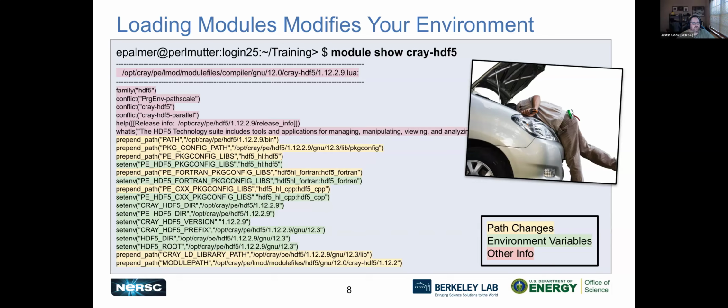It's going to prepend or set some environment variables, and a lot of these are in your environment that the Cray programming environment uses by default that you don't need to worry about. The ones that you care about probably here are PATH, so that you get access to the binaries, PKG_CONFIG_PATH, so that if you're using pkg-config to build your code, it'll pull in those libraries, and then LD_LIBRARY_PATH. But in this case, it's not setting that.